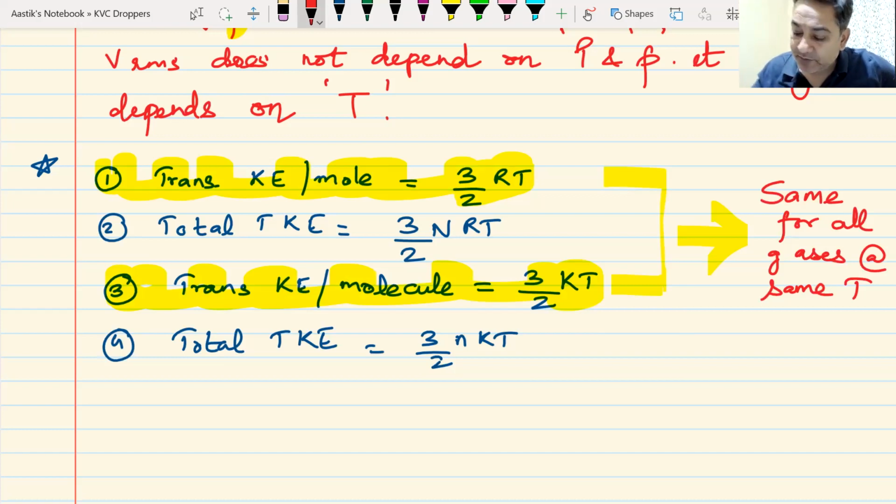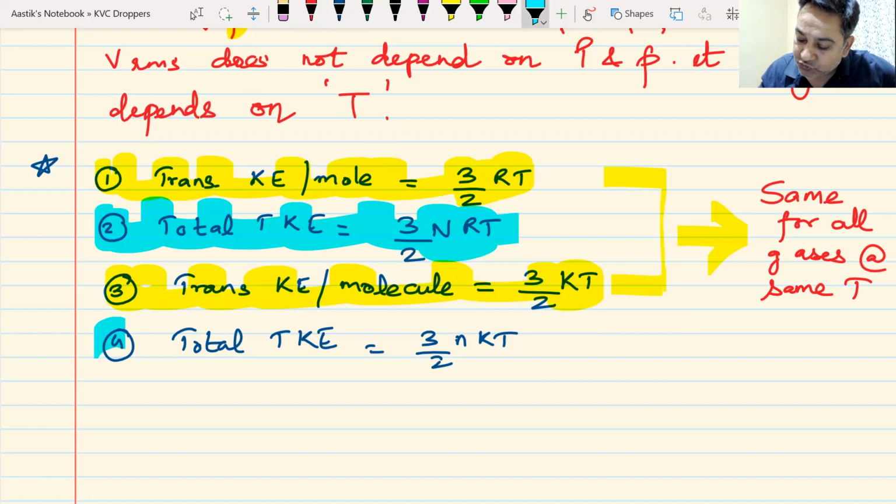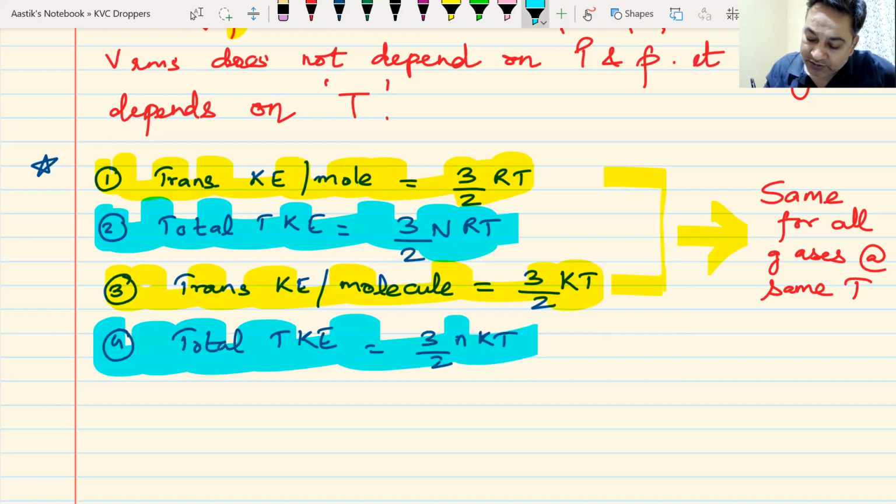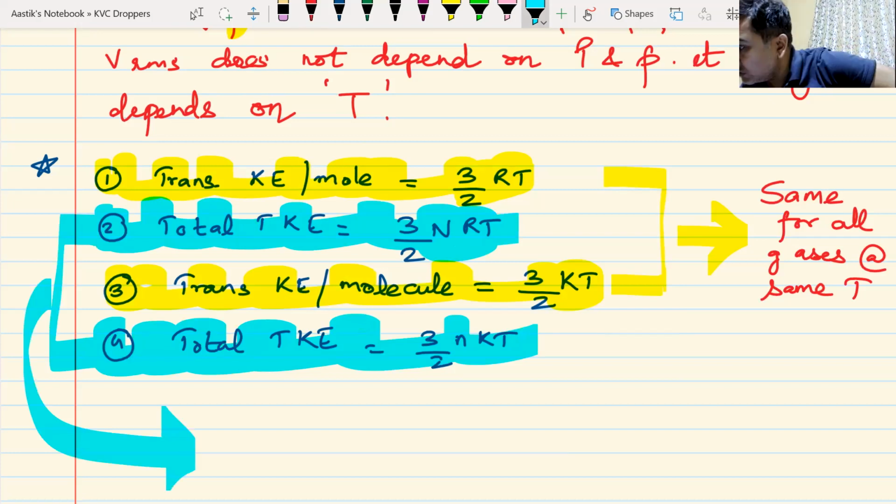But when you talk about quantity number 1 and quantity number 2, you have number of moles coming here, and therefore the total kinetic energy will be different. Do we understand this? That was specifically the question that was asked, and that is why the answer is 2:1.